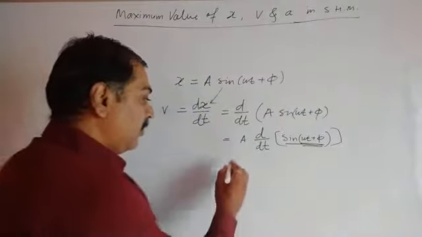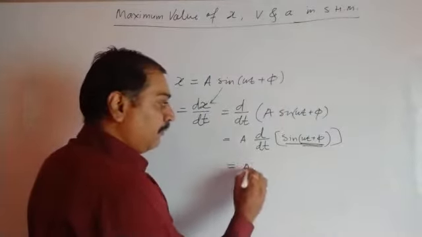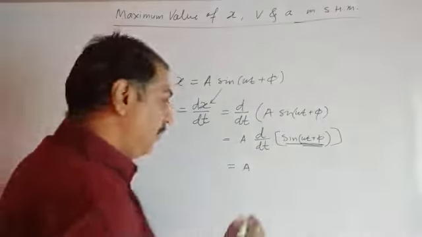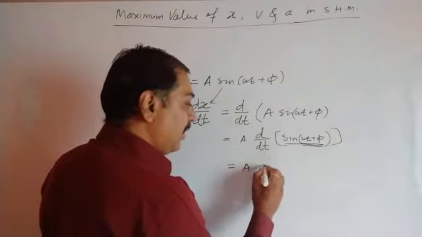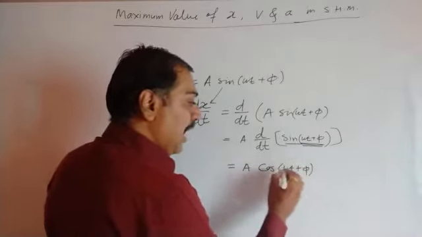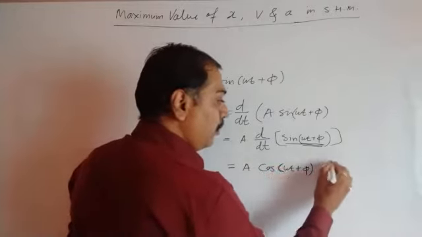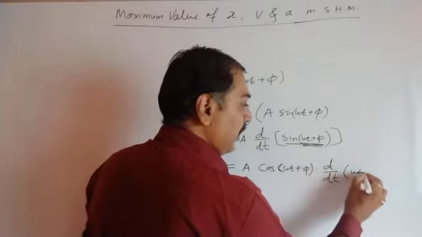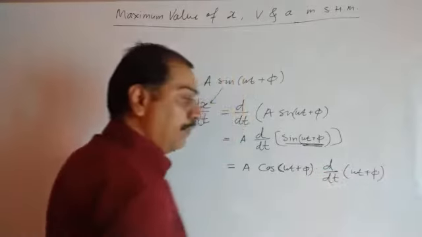So we can write a times cos of omega t plus phi, as the derivative of sine theta is cos theta, multiplied by the derivative of omega t plus phi with respect to time t.